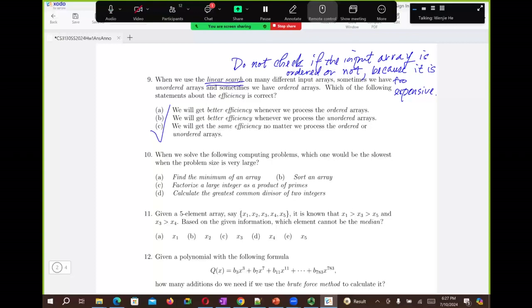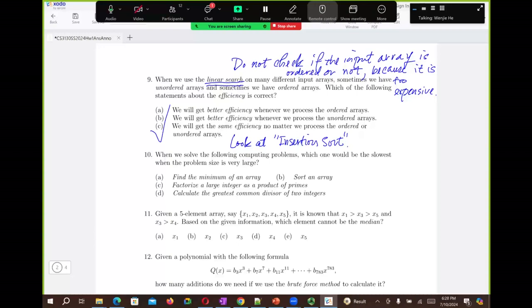But now you have the background of the insertion sort. Here I can explain this point better with the insertion sort. So look at the insertion sort. Insertion sort has a property: if the input array is ordered, then it is very fast.